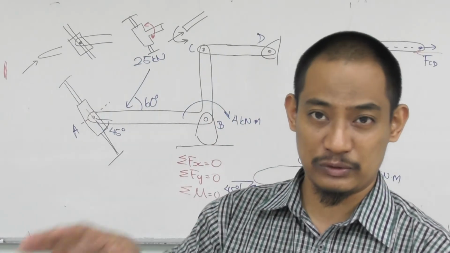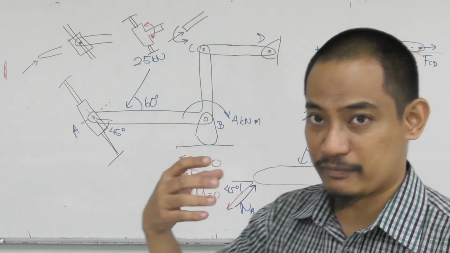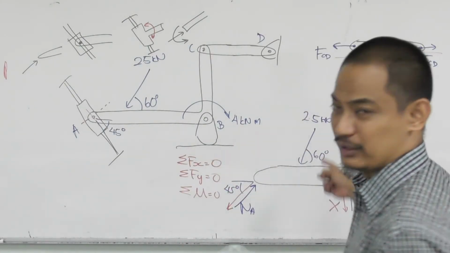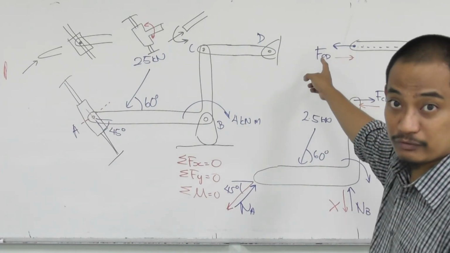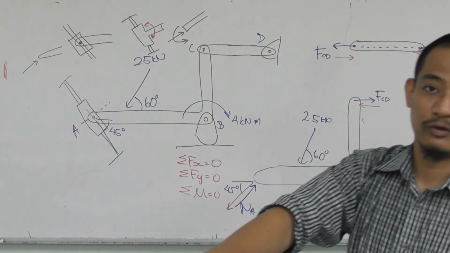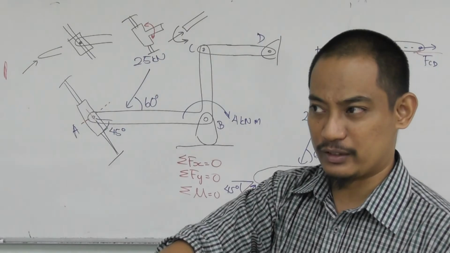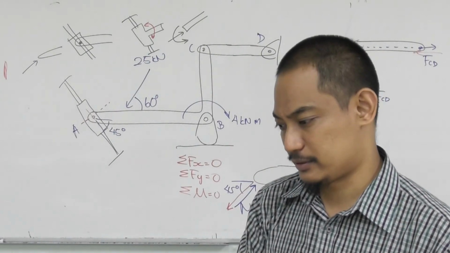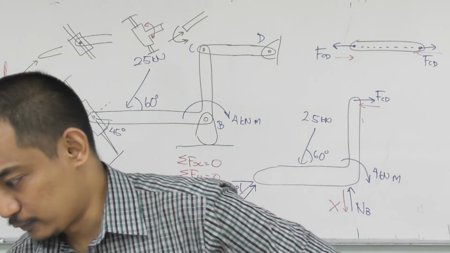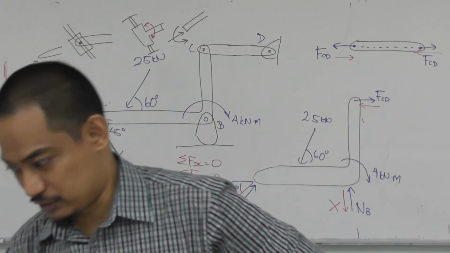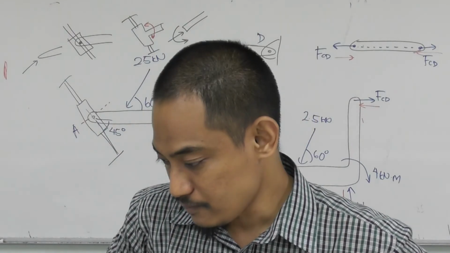In the slide it is in this portion, but I brought it up front because you have to understand why the slide suddenly has only one component here, even though it's a pin, because it's a two force member. I'm not sure why the arrangement is like that, but okay. So that's the end for this recording.